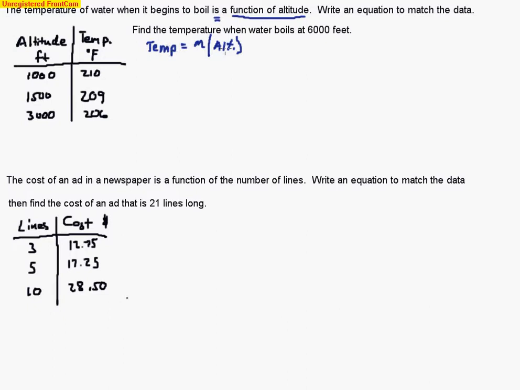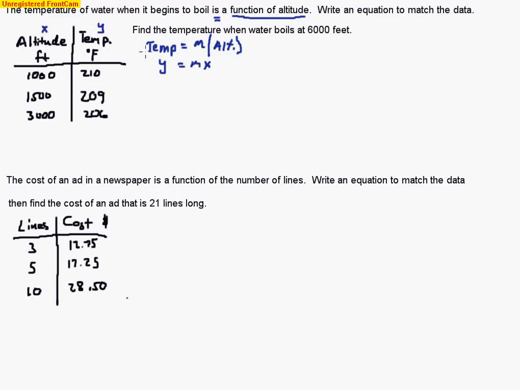Altitude is my independent variable, and temperature depends on it. So this looks like the form y equals my slope, my constant rate of change, times my x value, and typically some constant is added to the x term as well. That tells me temperature is y and altitude is my x value.